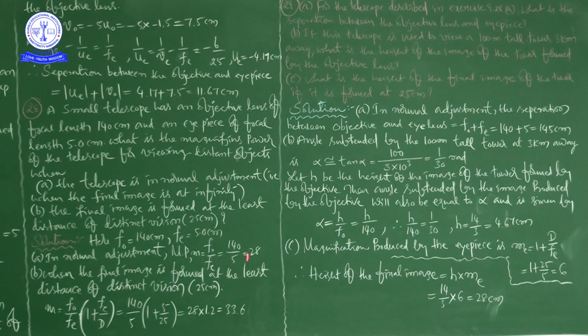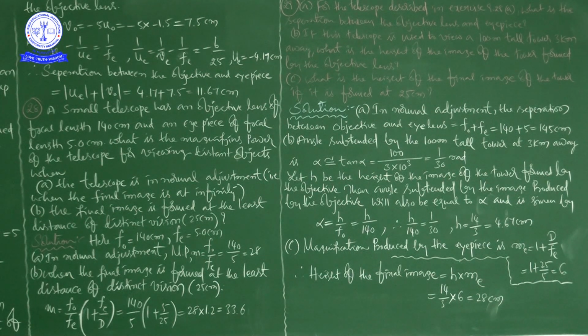Do this division and you will get 28. So 28 is the magnifying power when the telescope is in normal adjustment. The formula is: magnifying power m is equal to F0 by Fe.